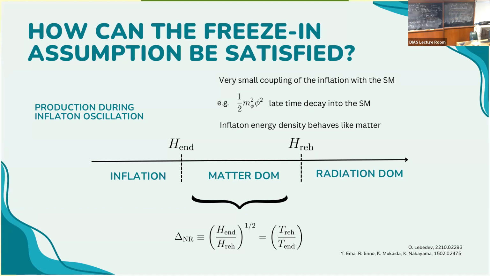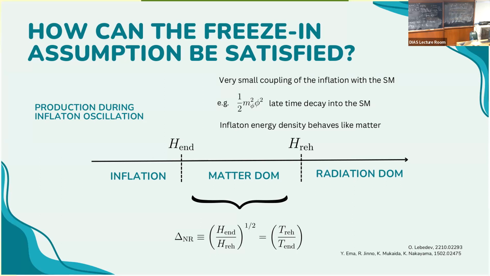Yeah, because we have matter domination instead of radiation domination. And given the bound from Planck, that becomes a bound on delta NR.